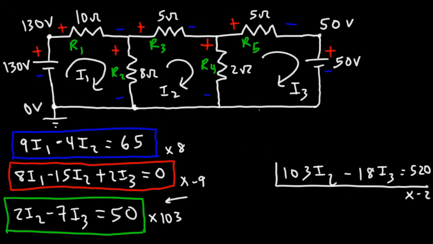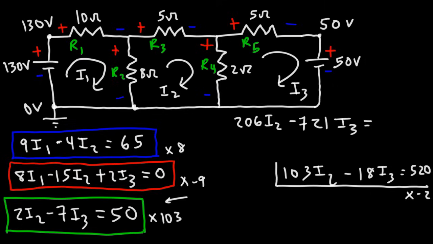So let's start with this one. 2 times 103, that's going to be 206 I2. And then negative 7 times 103, that's going to be negative 721 times I3.